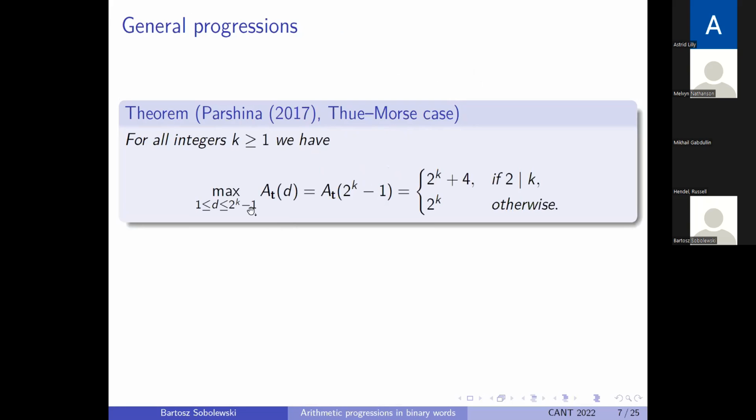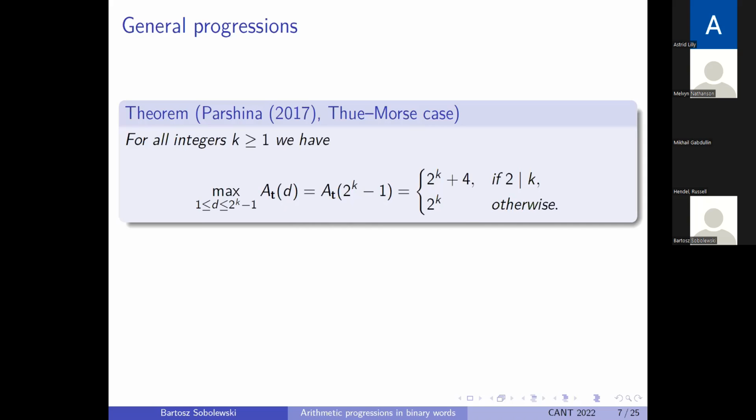Namely, if we consider monochromatic arithmetic progressions of difference at most 2 to the power k minus 1, then the longest of these progressions, the maximum value, is attained for d equal to 2 to the power k minus 1 and given by this formula.